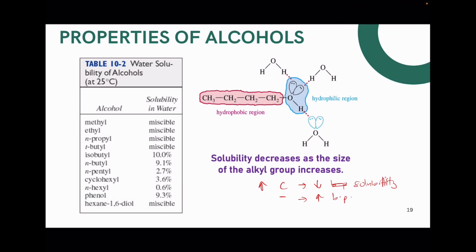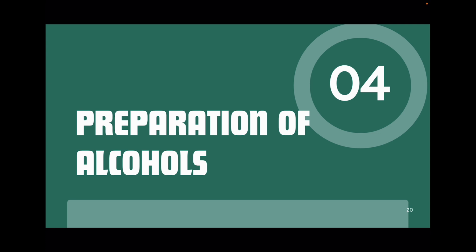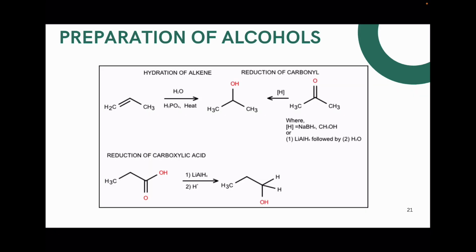In conclusion, you can say that hydrogen bonding controls the boiling point, while carbon chain length controls the solubility trend. Now we move to the preparation of alcohols. Alcohols can be prepared in several ways. In this chapter, I will introduce three reactions that can prepare alcohol compounds.